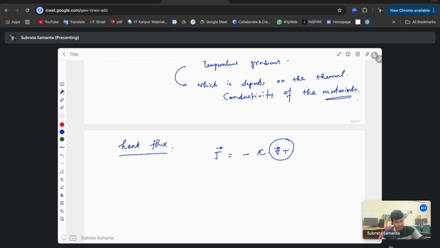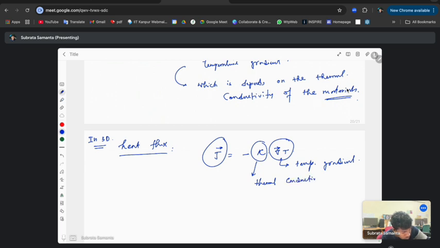This is the heat flux in 3D, and this kappa is the thermal conductivity.